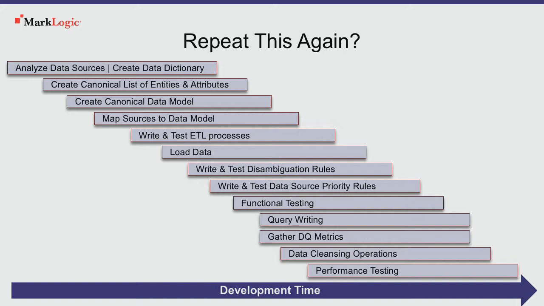It might be a little faster than the last time, but you are probably going to have all these steps get impacted, and it probably won't be the first time you do it, so you're going to have to repeat it again. The whole process is slow, it's brittle, it's expensive, and there's got to be a better way.